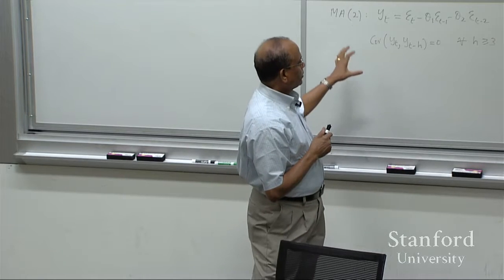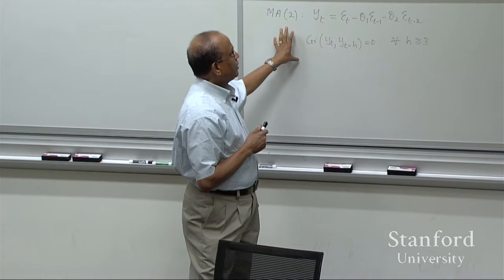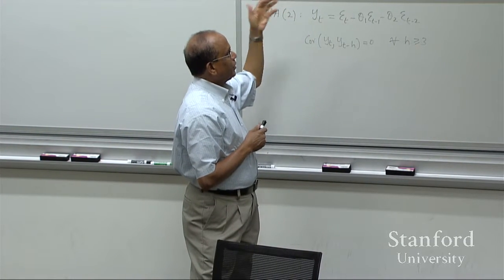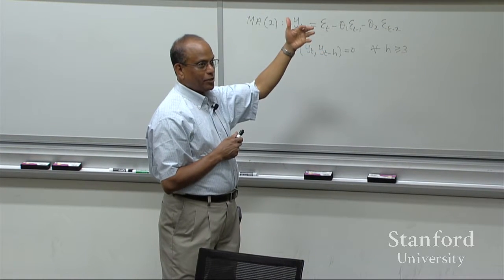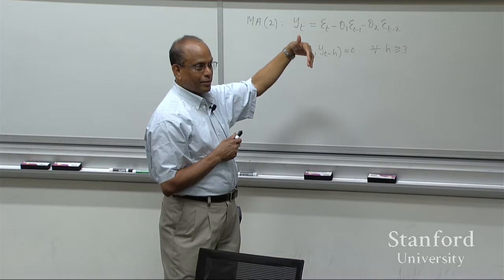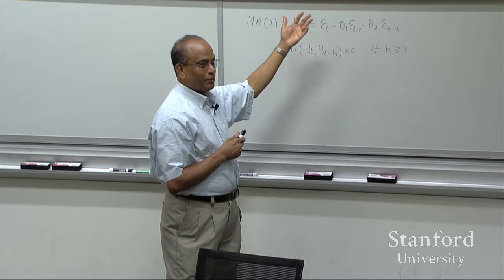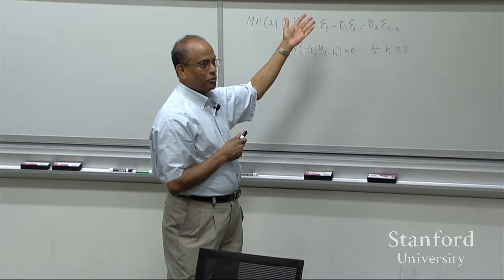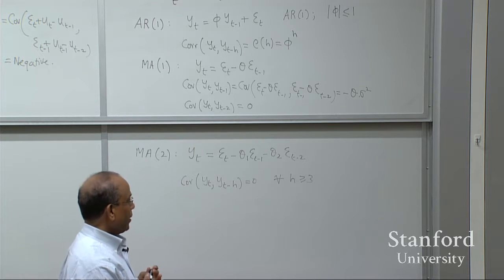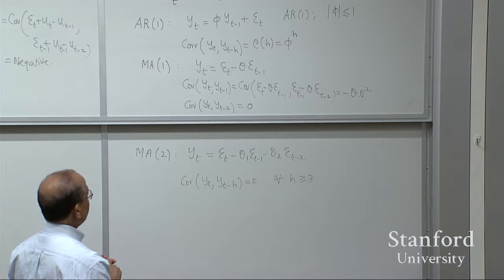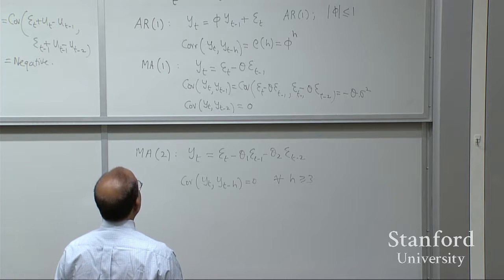But the autocorrelation function, as I said before, depending upon the value of pi, may never die down. If pi is 0, it will die down quickly, right? But there's one other tool you can use in order to identify the autoregressive process. Let me briefly write what I mean by that.